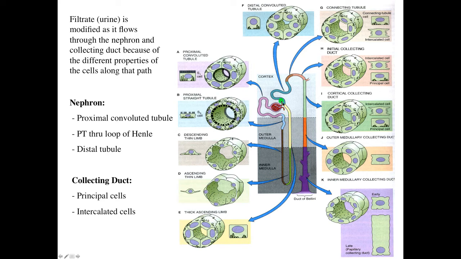Then when we get to these regions of the distal convoluted tubule, the initial collecting tubule, this is where all the tissues that I've traced this way would be one embryologic origin, and then here a different embryologic origin for the collecting duct system. So this is just the pathway that the urine travels ultimately to the ducts of Bellini.